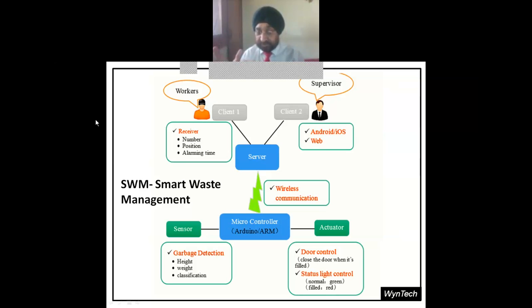Supervisor is a person who checks on the worker whether at a particular time the bins are emptied, or the garbage is collected efficiently and sent to the recycling unit, because some of the garbage will go to the recycling unit. And the recycling unit needs the constant feed. So it is the total nervous system which controls the feed.